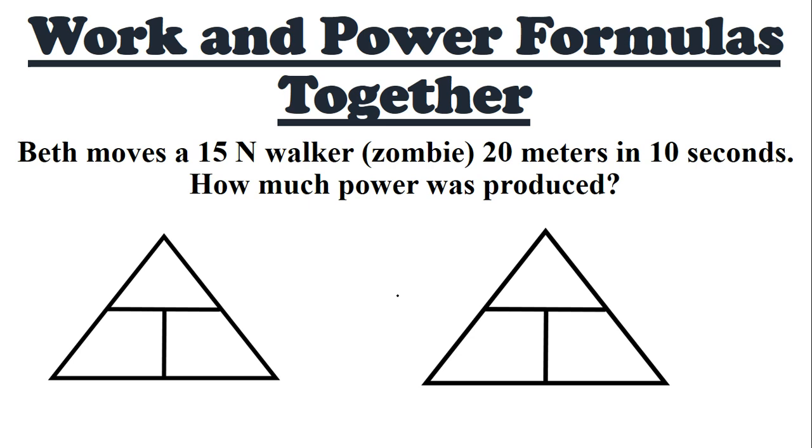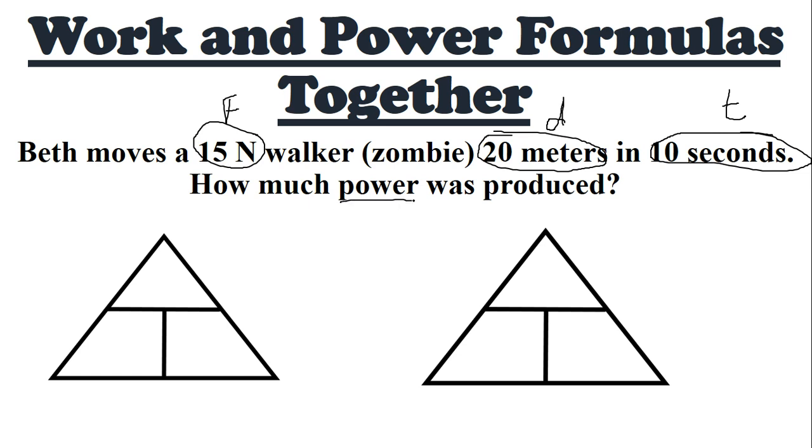There are 3 numbers in this question: 15 newtons, 20 meters, and 10 seconds. 15 newtons is a force, this is a distance, and this is a time. And you're asked to find power. Two things could happen here. Someone could give you these 3 numbers and ask you to find work, and in that case, you just don't have to worry about the time.